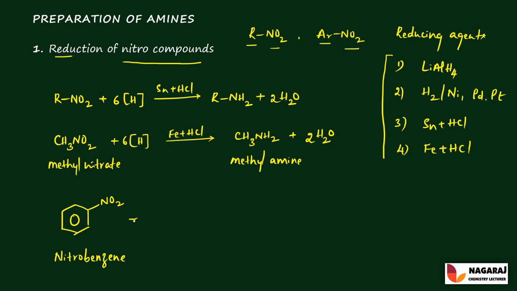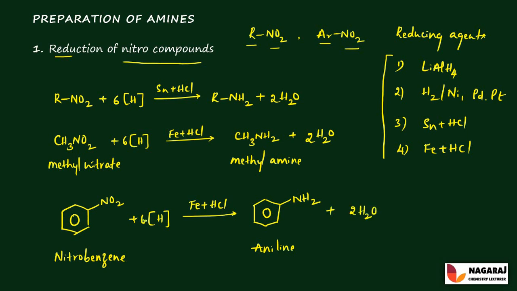So when nitrobenzene undergoes reduction in the presence of Fe plus HCl, the hydrogen atoms replace the oxygens, so it gives C6H5NH2, which is called aniline, plus 2 moles of H2O, that is it requires 6 moles of hydrogen. This process is generally called reduction of nitro compounds.